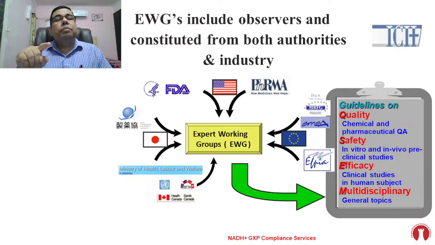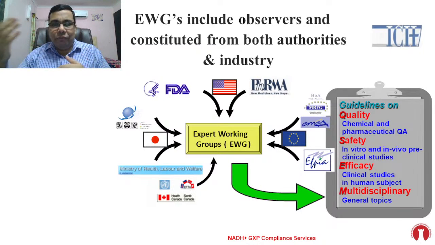But the ICH guideline is developed by the EWG, the expert working group. So who is involved in the expert working group? Expert working group means regulatory experts, the people who are working in the regulatory authorities, plus industrial experts, who come together to form an expert working group, and then they develop the guideline, and after that they share the draft guideline with all the people for comment.